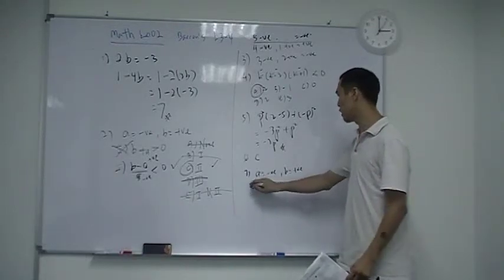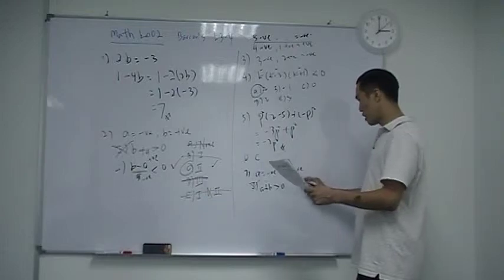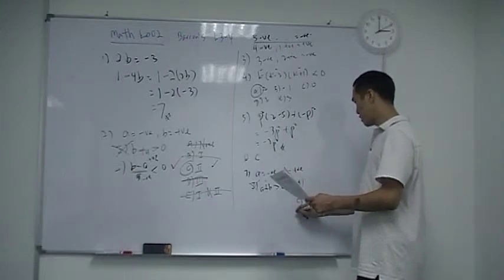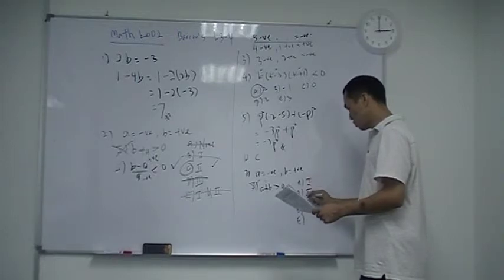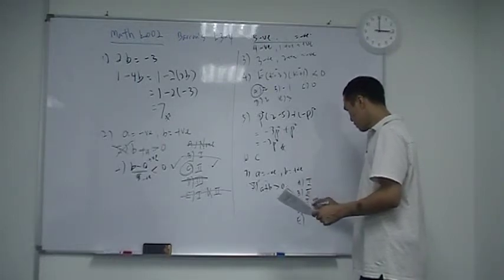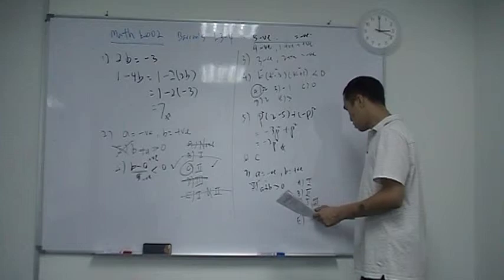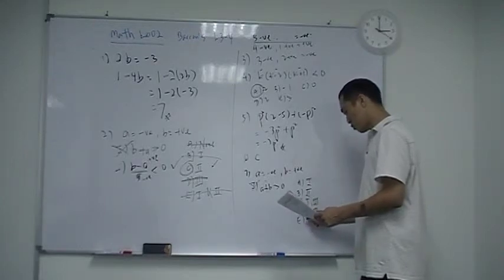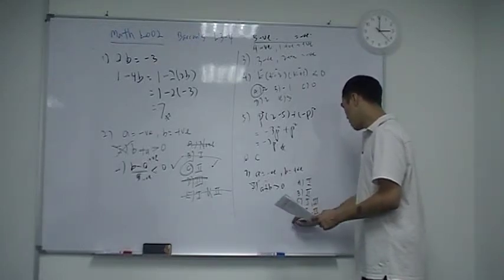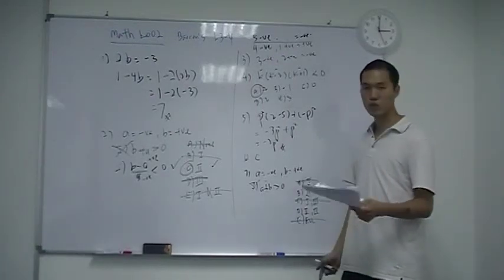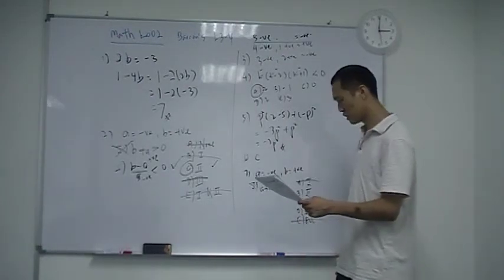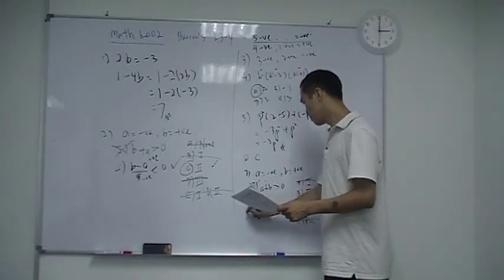So 1 is out. Choices: A is 1 only, B is 2, C is 1 and 3, D is 2 and 3, and E is 1, 2, 3. So A, B and C are out. So 2 must be correct, and I don't need to check 2 anymore.